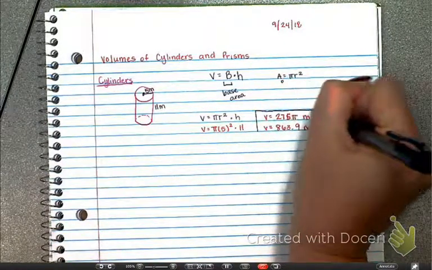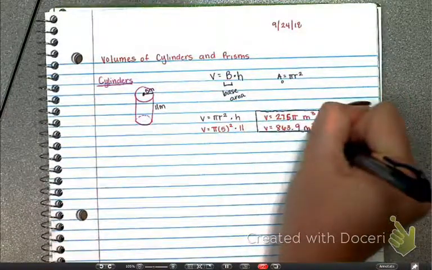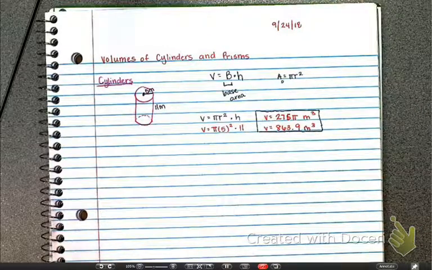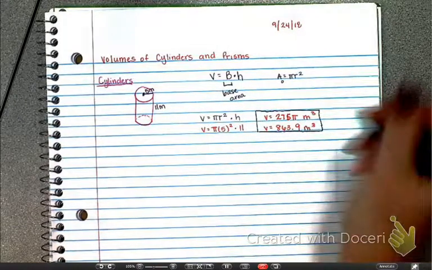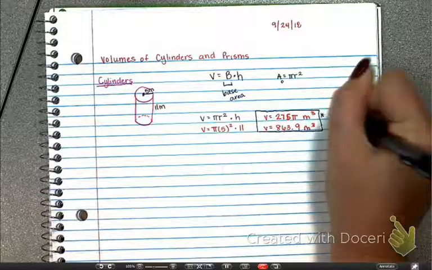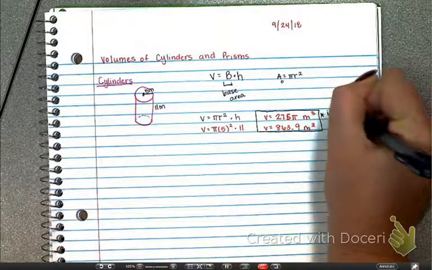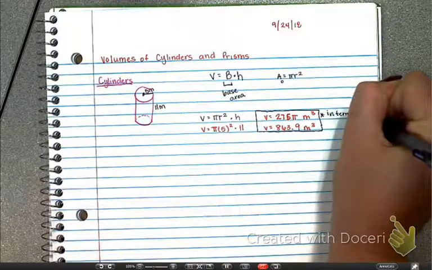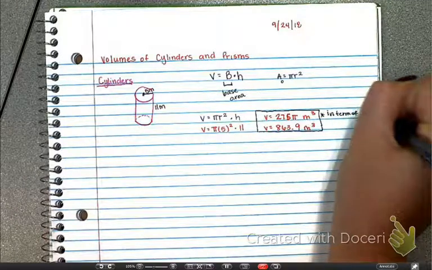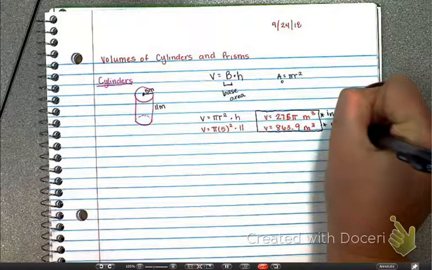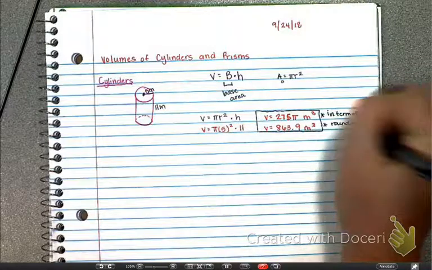Okay, because this was an issue on the test you just took, I want you to make a note to yourself. This is in terms of pi. This is rounded to the nearest tenth.